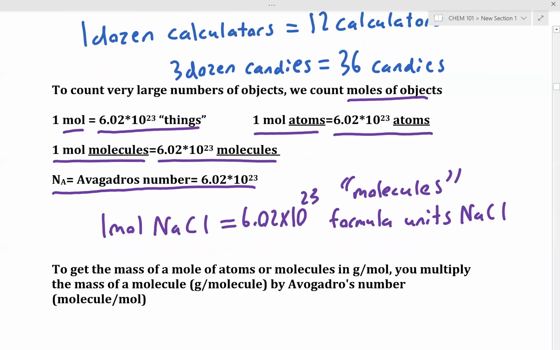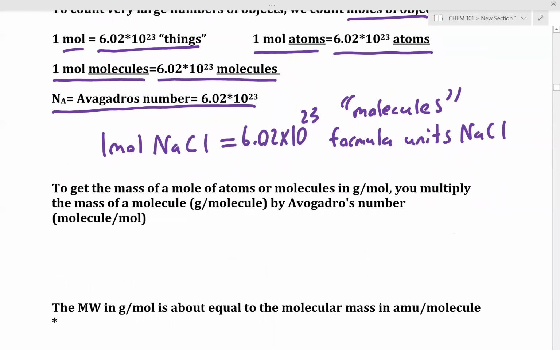So it allows us to relate quantities we measure in the lab to the actual number of atoms more easily. If we want to get the mass of a mole of atoms or molecules in gram per mole, many of you are probably more familiar with atomic masses and molar masses in gram per mole. All you need to do is multiply the mass of a molecule by Avogadro's number.